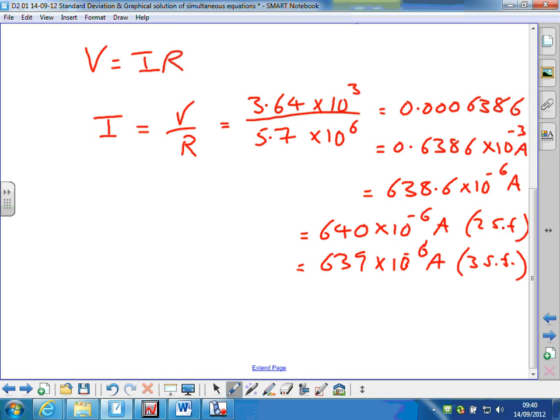Because we've used engineering notation, which goes in threes, what could we do instead of writing 639 times 10 to the minus 6 amps? Microamps, right. 639 microamps to 3 significant figures, or 0.639 milliamps.